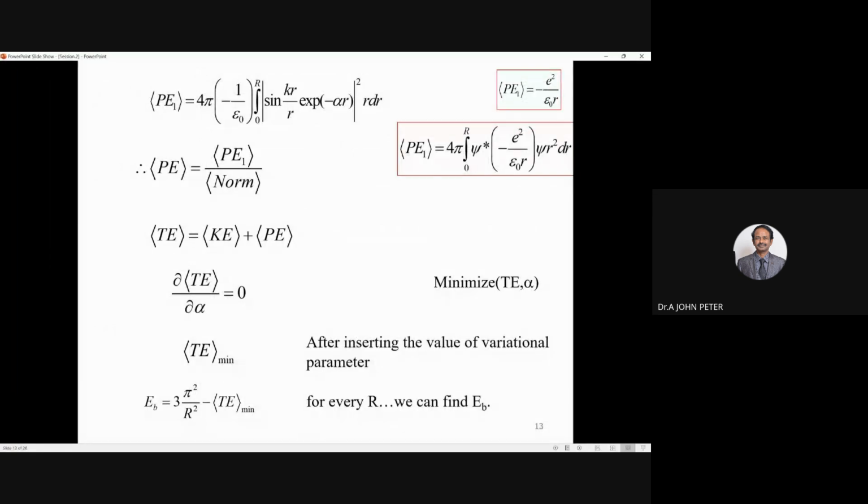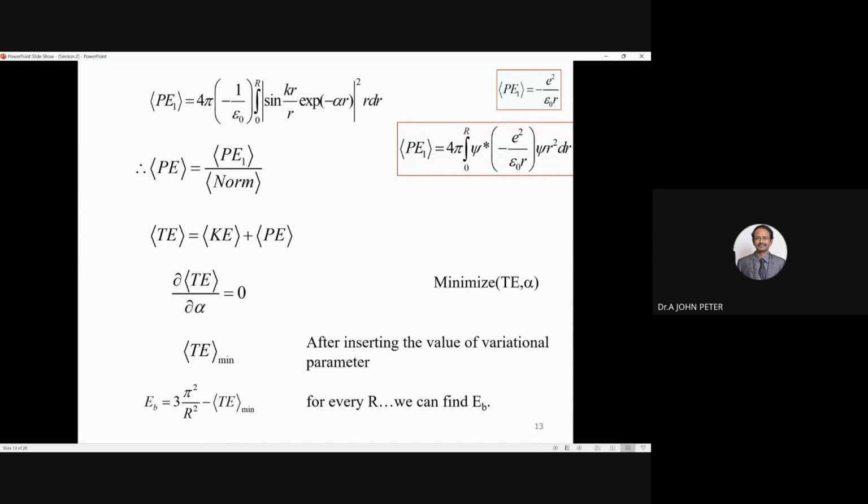You have to remember, similarly you can go for the potential energy, minus e squared by epsilon naught r. Of course, we know minus e squared by 4 pi epsilon naught; I have taken CGS units, both are the same, no worries. So potential energy equals minus e squared by epsilon naught r. The average potential energy will be sandwiched between psi star and psi on the right hand side.